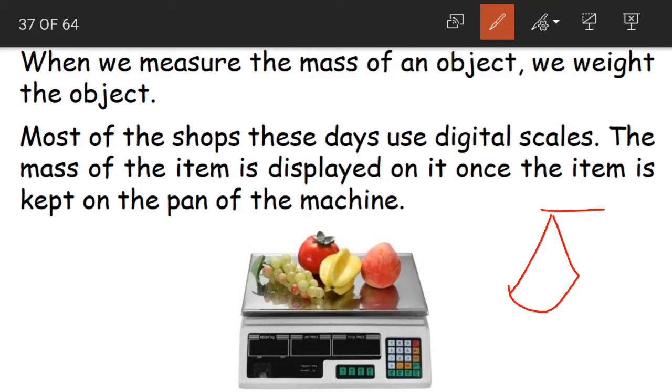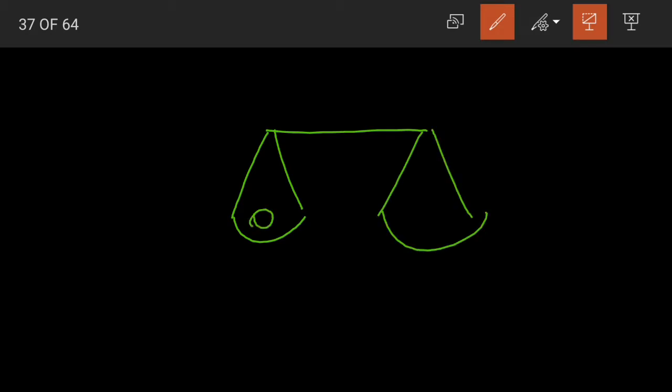Whereas in a balance, we first have to put the weight in one pan and then put the objects in the other pan. See children, this is our balance, right? In this I have the weight and in this I have the objects. Sometimes the side with the weight goes up. That means the weight of the objects is more.